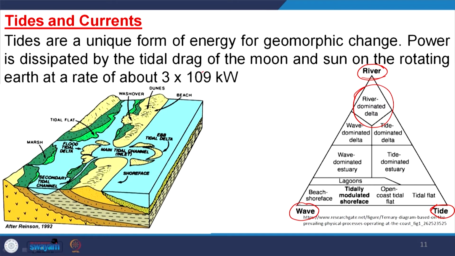If wave is more active, that is the beach and shore face; where tide is active, we are getting tidal flood. Similarly, depending upon the degree of dominance, we are getting tide dominated delta, tide dominated estuaries, wave dominated delta, wave dominated estuary, and here we are getting lagoons, mostly wave dominated and near the beach, and tide hardly affects these lagoons.